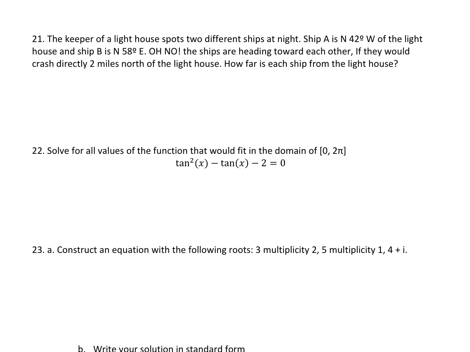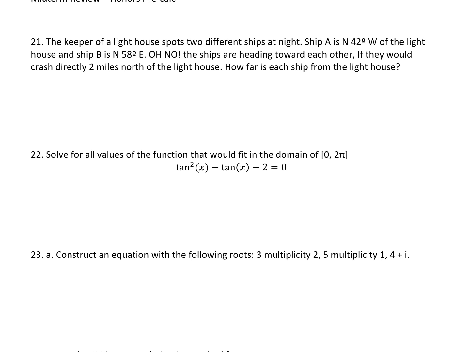All right, and then in 21, the keeper of the lighthouse spots 2 different ships at night. Ship A is north 42 degrees west of the lighthouse, and ship B is north 58 degrees east. So here's my lighthouse. Here's north, east, south.